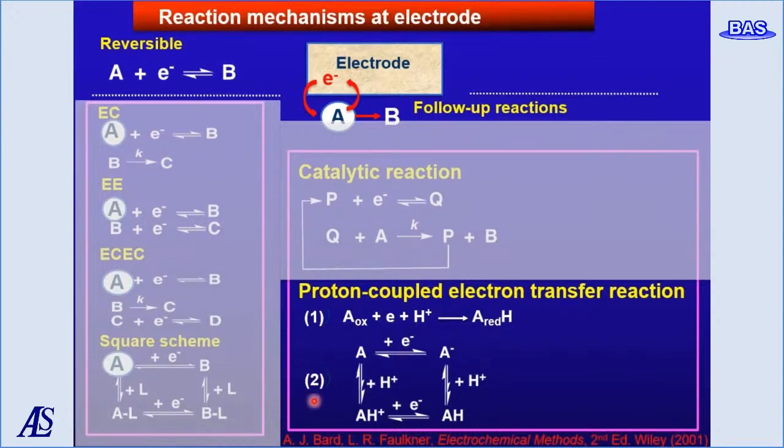The other case is that A is reduced by electron transfer, followed by proton transfer. In this case, the electron transfer process is the rate-limiting step, and all the protonations are at equilibrium, which is expressed by the square scheme.